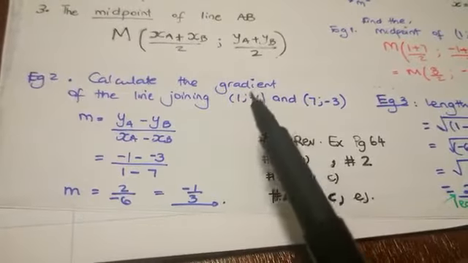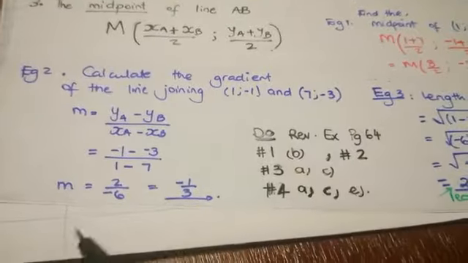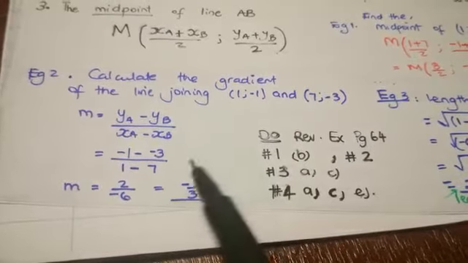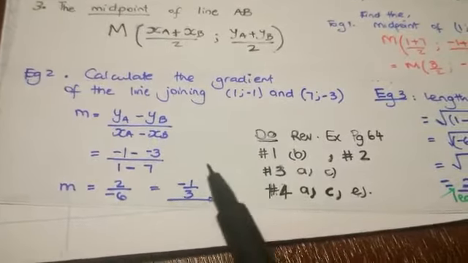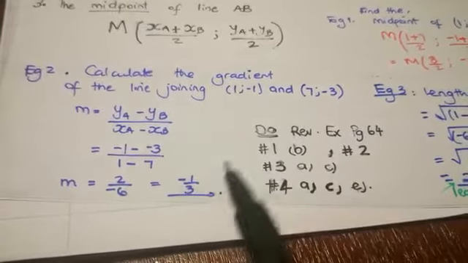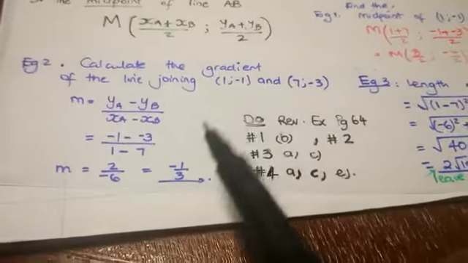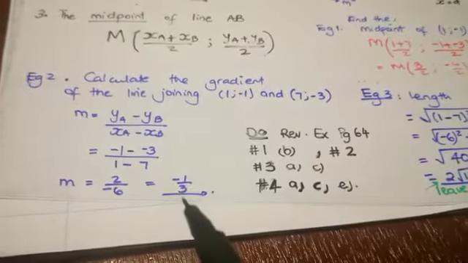At the bottom, it's 1 minus 7, which is negative 6, and this simplifies to negative 1 over 3. Please leave it as a fraction in its simplest form. Don't write it as a decimal.